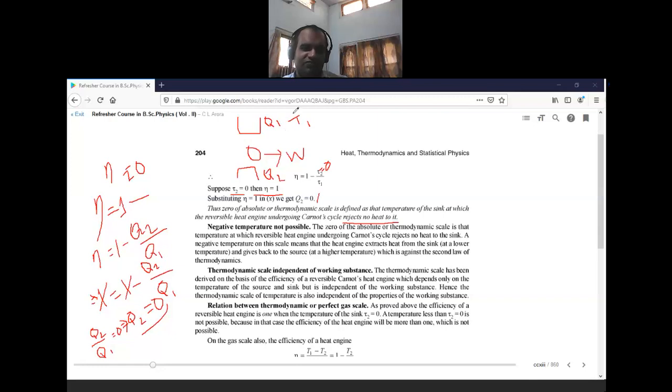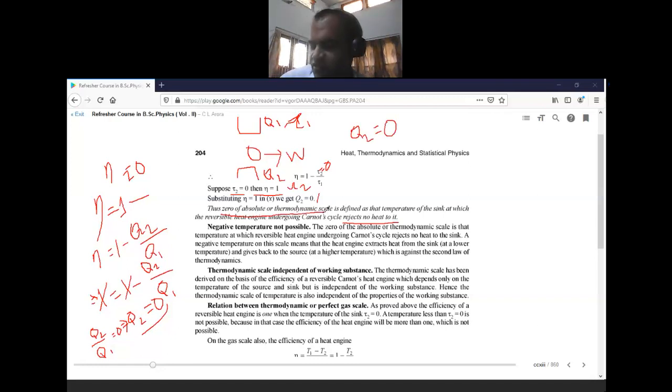Here it is taken to be tau, not T. Tau is written a bit differently than T. Q2 and the temperature is tau 2. When Q2 equals 0, that is the zero of the absolute or thermodynamic scale.